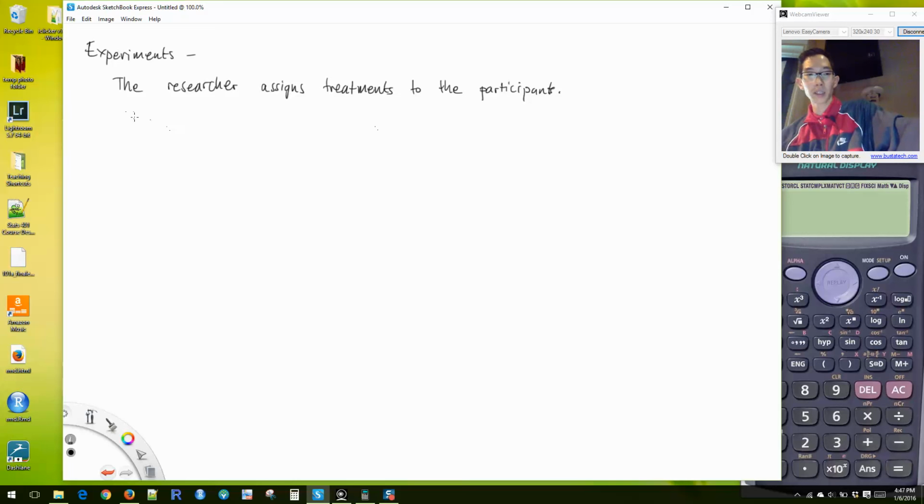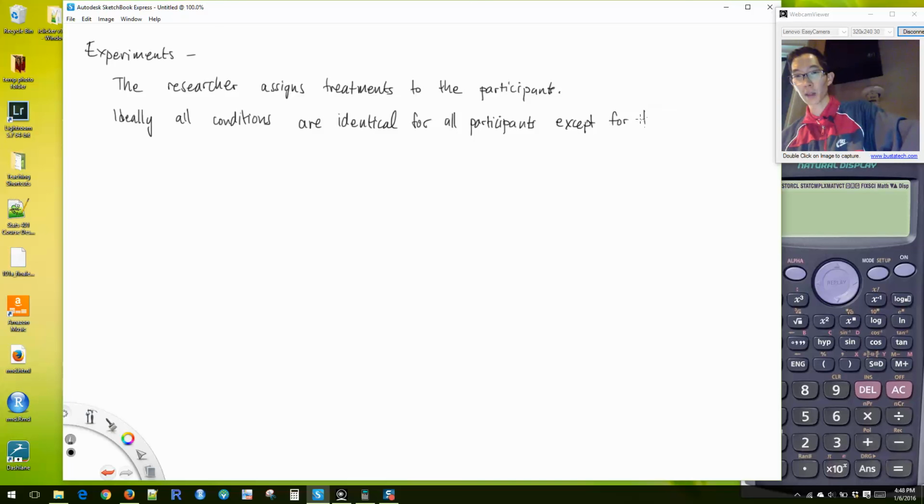And ideally, all conditions are identical for all participants, except for the treatment.